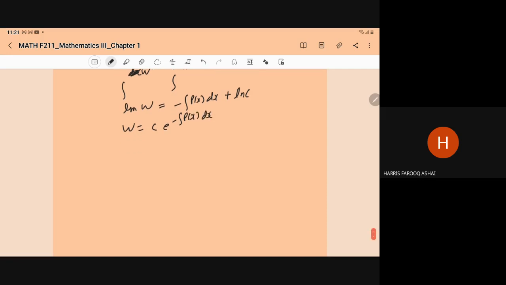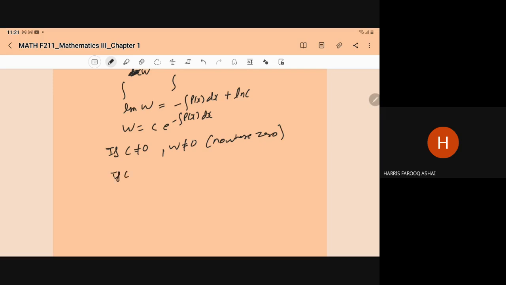So this W, if c is not equal to 0, W is nowhere 0, since the exponential function is never 0.